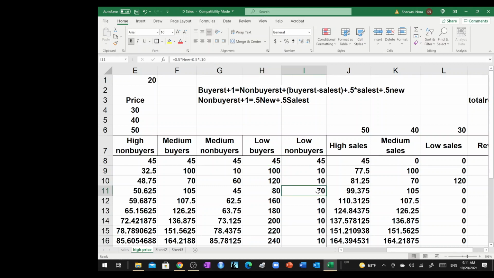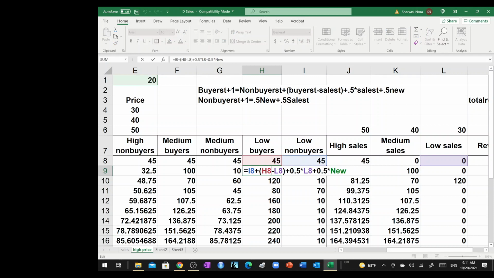But over here we have 70. Why is that so? 70 because we are gonna have the people who bought low sales here. The people who bought 50% will be no buyers, and 50% are buyers. Remember here what we've done?